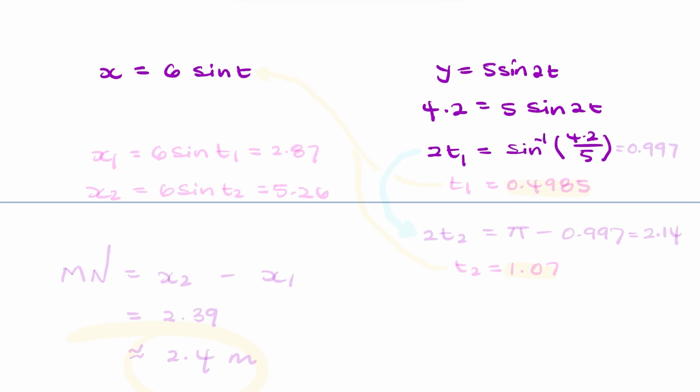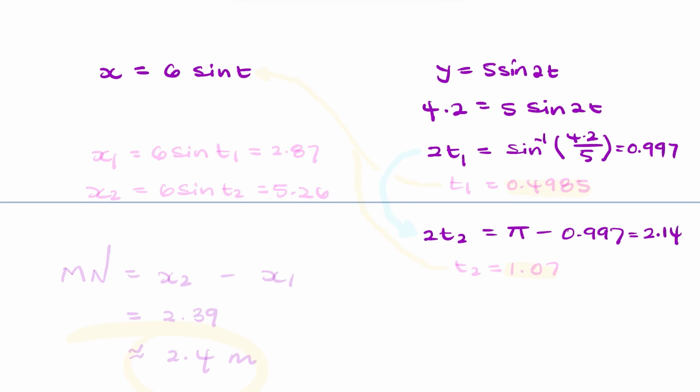That gives you 0.997. And because this is a sine, there's always going to be a second value. So 2t2 is pi minus, or 180 degrees minus, 0.997. And that will give you 2.14.